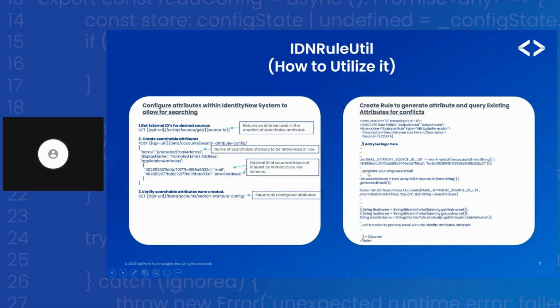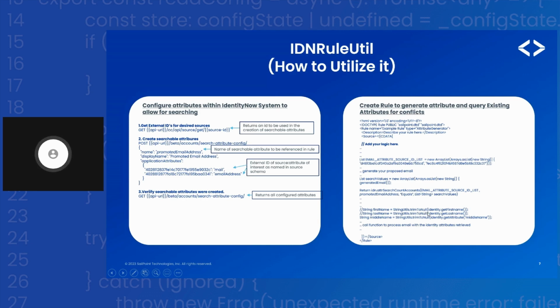And then, your code here, as far as generating the email, you'll need to have a method to actually call to search for the values. Like you'll have a list here of the generated emails. And then you'll want to return the final value. So you'll return the result of your logic.